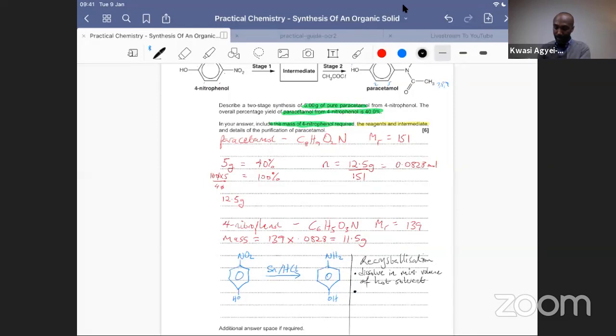Leave to cool to room temperature. You might want to triturate or scratch the inside of your flask.